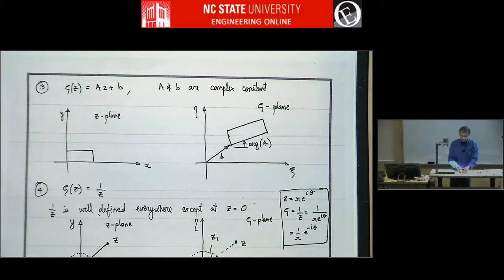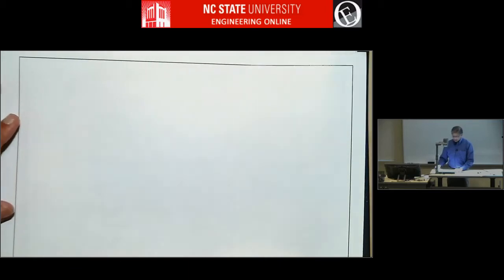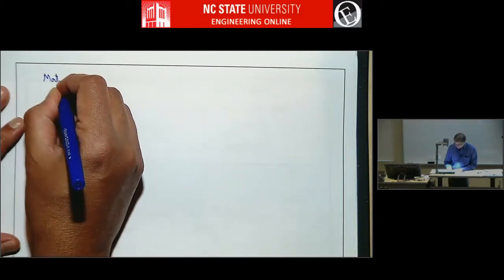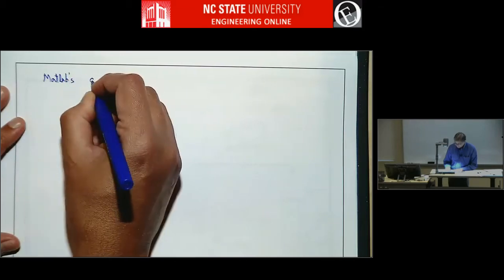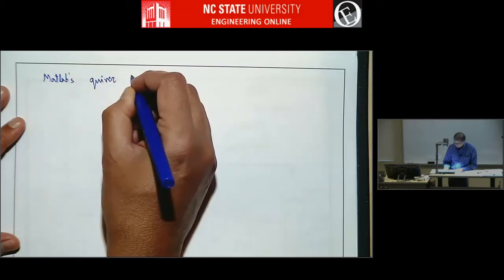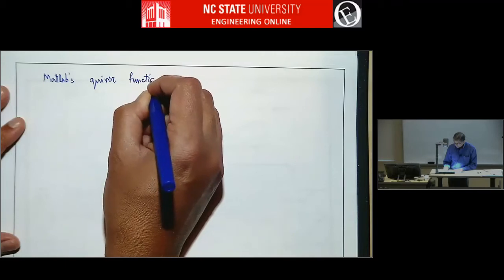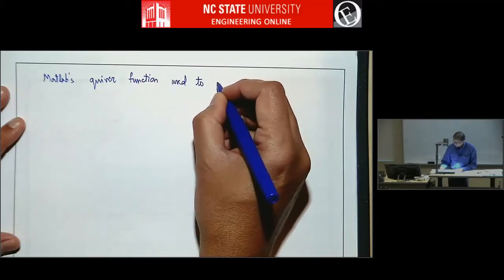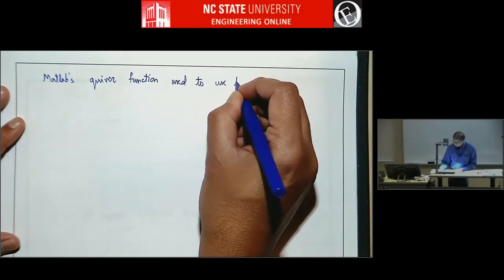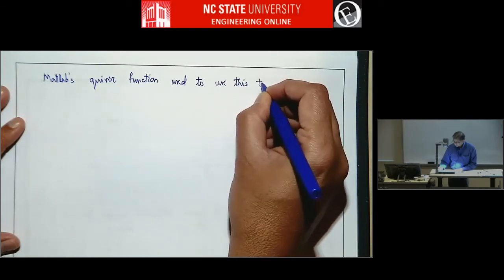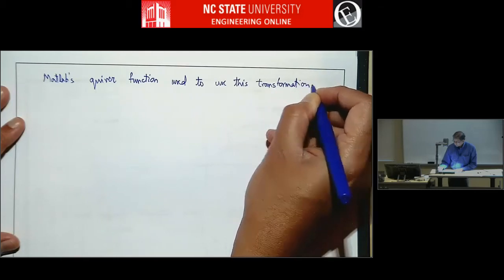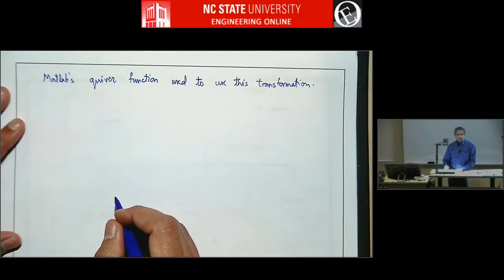So this is at least the way it used to be. I don't know if it's still that way, but in MATLAB there is a function called quiver. Have you ever used quiver?